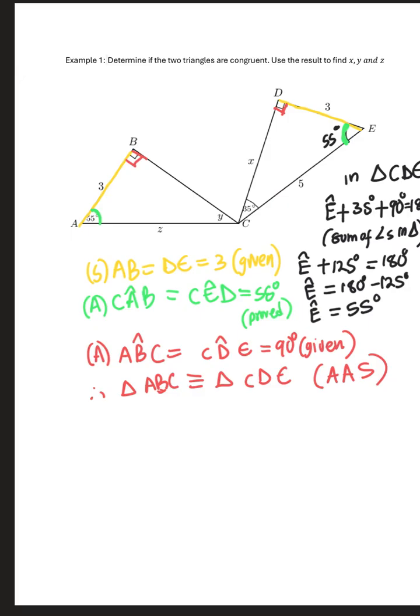So the value of y is equal to what? It's equal to 55. No, it's equal to 35. The reason why it's 35 is because of what?